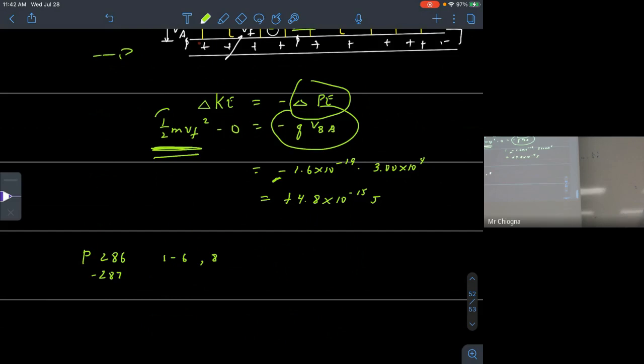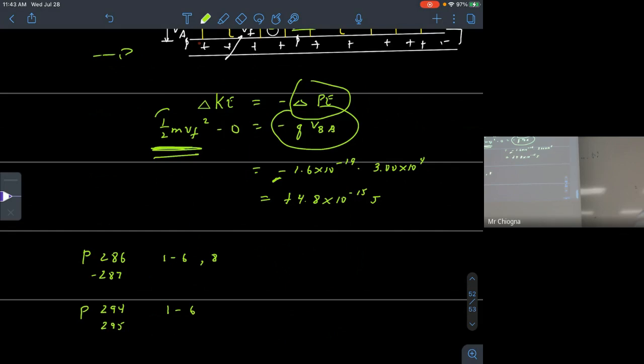Okay, and then on page 294 to 295, 1 to 6.